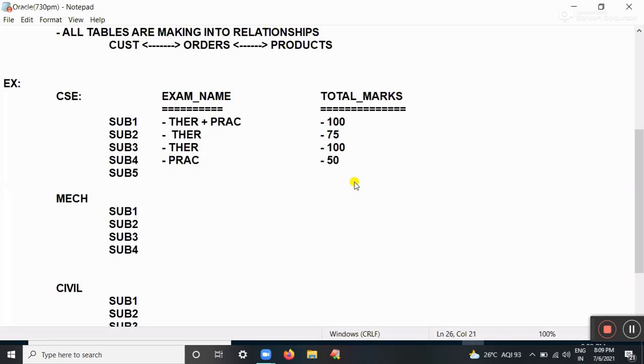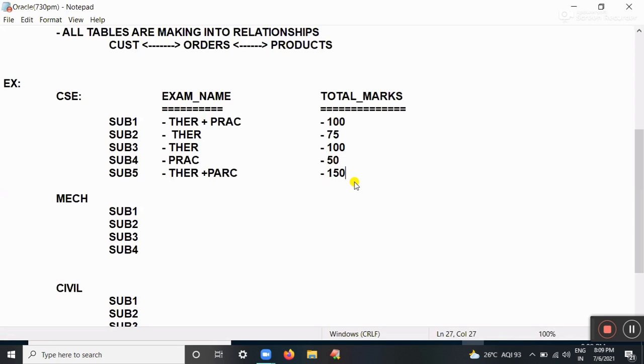So now what happened, guys, here: based on your examination name, your total marks will change. Because some subjects have theory plus practical, some subjects have only theory, some subjects have theory plus workshop.